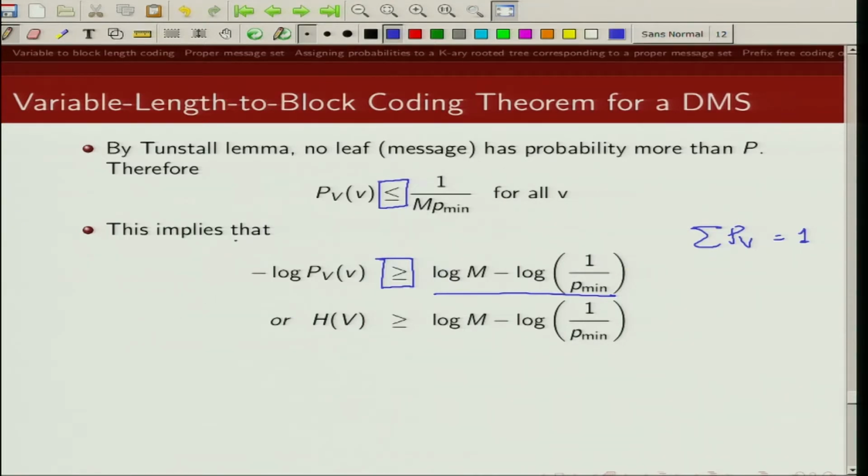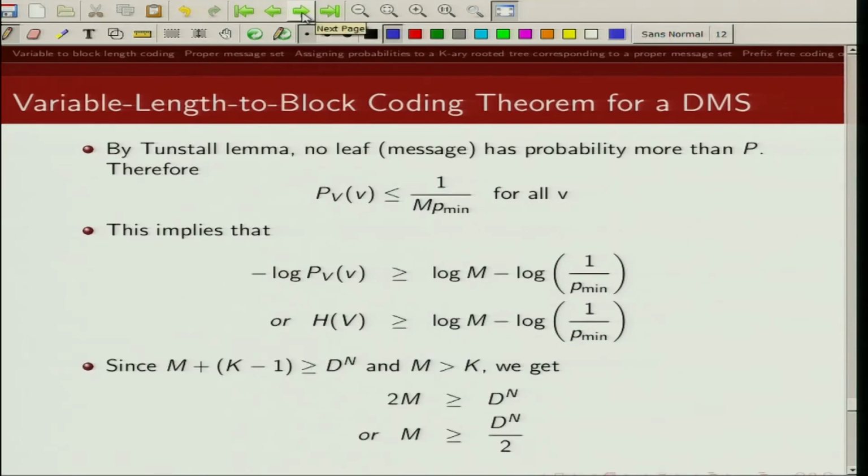Then I take the summation over all P(v), so this will become the entropy term here, and the summation of P(v) times log m will be log m, and this will be minus log of P min. So the uncertainty in the leaves, basically leaf entropy, is lower bounded by this quantity.